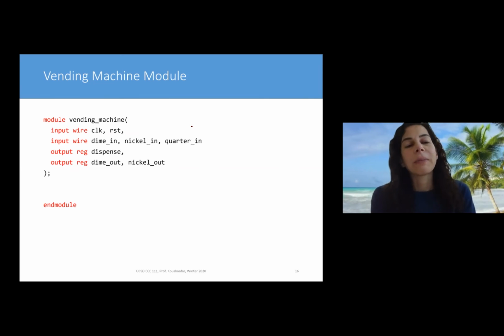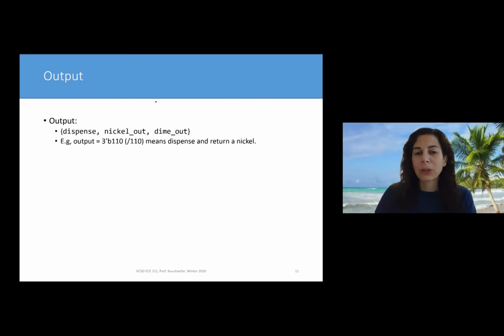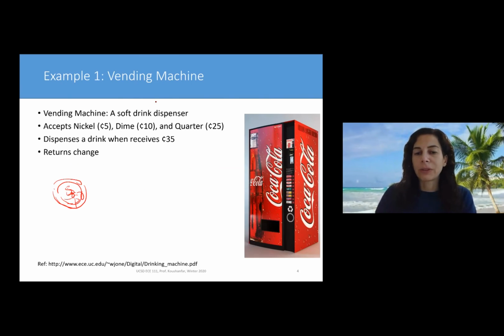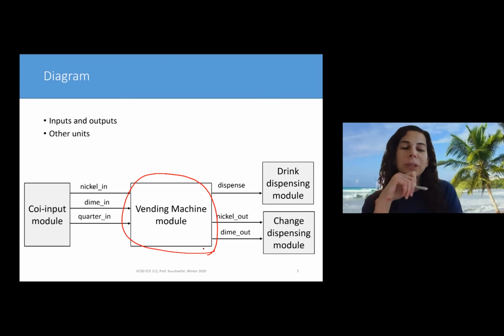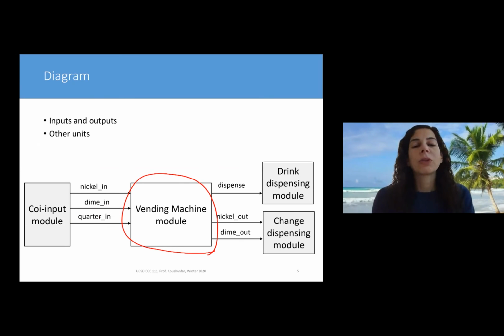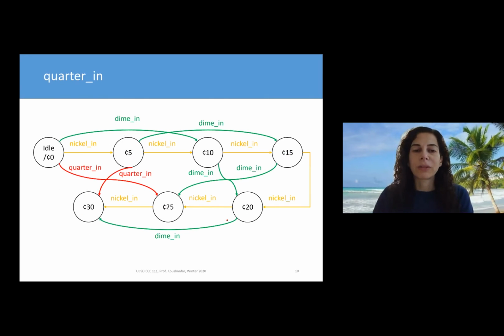If I'm defining a module here, the vending machine module, I go back to this figure and see what happened with this module: I have the inputs to this module and the outputs from it, and I'm going to do exactly the same thing for this interface.